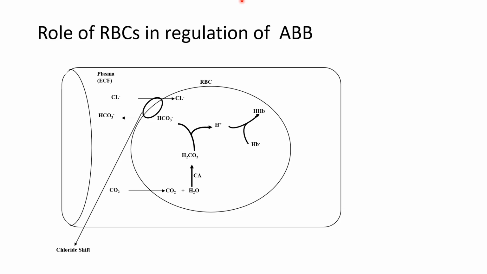So any condition that will increase the amount of carbon dioxide diffusing from the tissues into the plasma and into the red blood cell will lead to an increase in the amount of bicarbonate that will be supplied into the plasma. So by this process, the red blood cell is able to contribute bicarbonate into the plasma and mop up hydrogen ion in the blood in a situation of an acidosis.